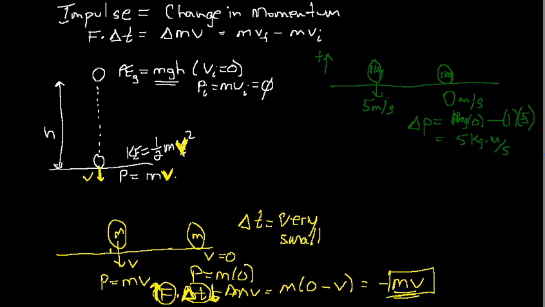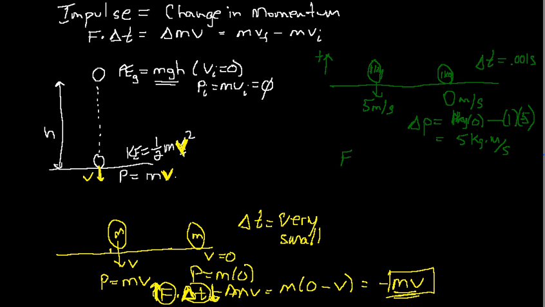Let's say this happens, delta t, from the time it's just above the floor surface till the time that the floor makes contact with it. This changes in 0.001 seconds. So it's very, very, very fast. It's a millisecond. So let's calculate the force that has to be applied.